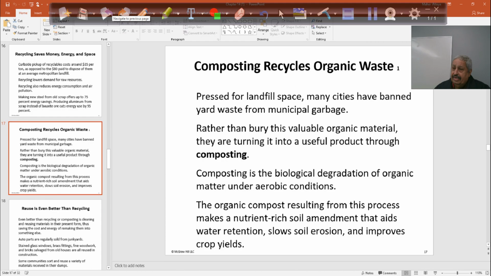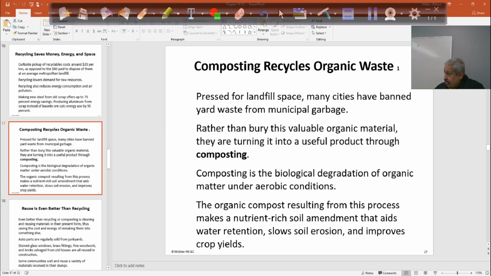Composting recycles organic waste. Pressed for landfill space, many cities have banned yard waste from municipal garbage. You cannot put shredded trees, shredded leaves, anything, or old fertilizers inside your trash. You have to put it aside, so the county will come and take it as another type of trash.